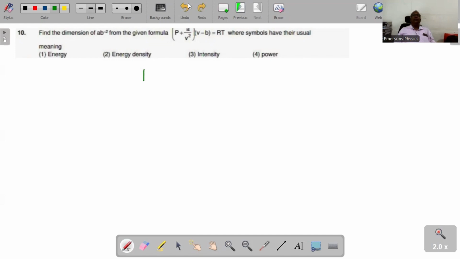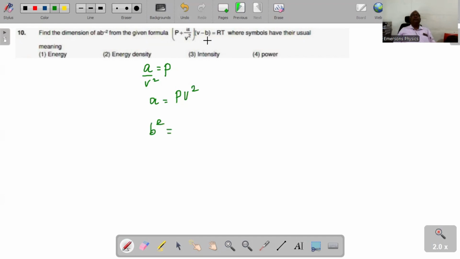A should have the dimension: A by V squared is the dimension of P, pressure. So A has the dimension of PV squared. First we'll understand A. What about B squared?